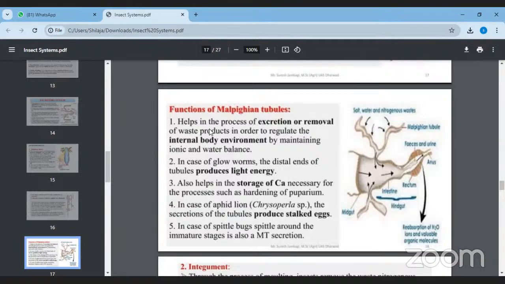In glowworms, the distal end of the tubules produces light energy, and they also help in storage of calcium necessary for processes such as hardening the puparium. In Empididae, the secretions of the tubules produce stalked eggs. In spittle bugs, the spittle around the immature stages is also a Malpighian tubule secretion.